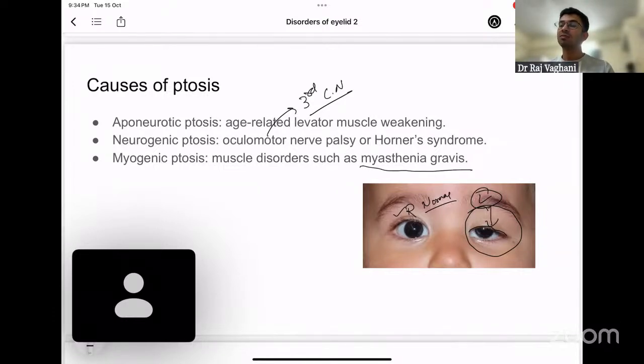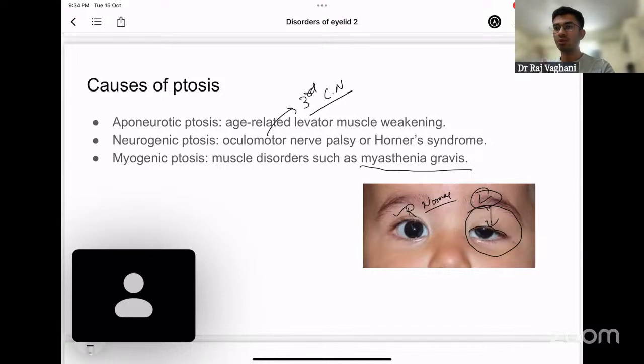Commonly it is not seen, but in myasthenia gravis it can also involve your eyelid muscles. So the most important cause is Horner syndrome.